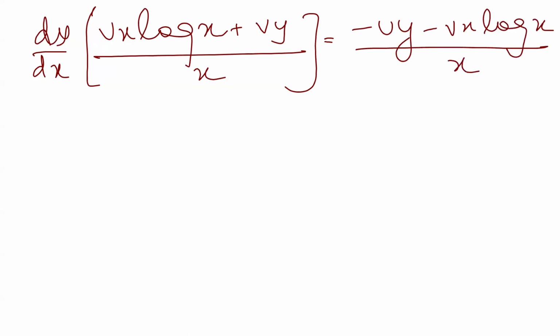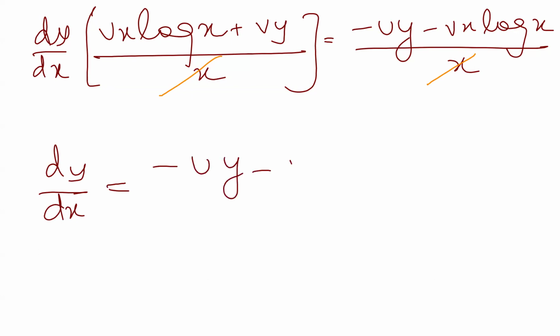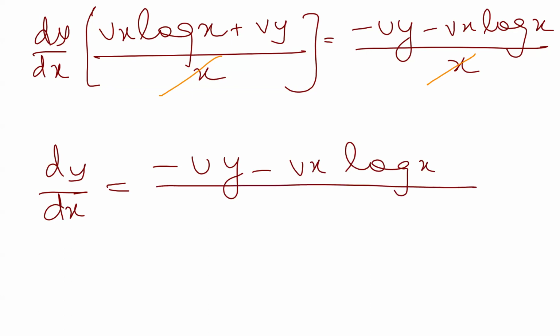So this x is getting cancelled on both sides. Now cross multiply: dy by dx equal to minus uy minus vx log y upon ux log x plus vy.